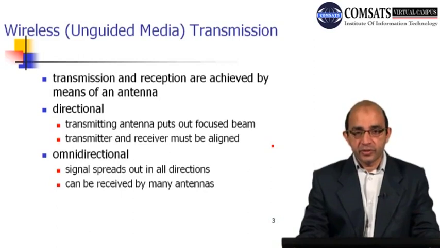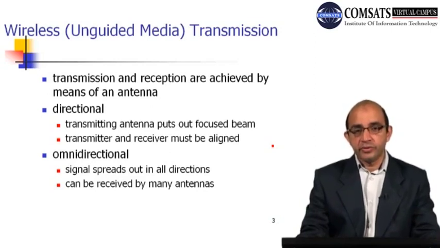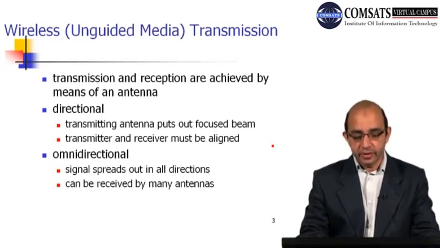So the transmission antenna is focused on a particular point, or it throws the beam on a certain point. So in order to accomplish that, the transmitting and the receiving antenna should be aligned properly in order to have those focused beams for transmission and reception as well.